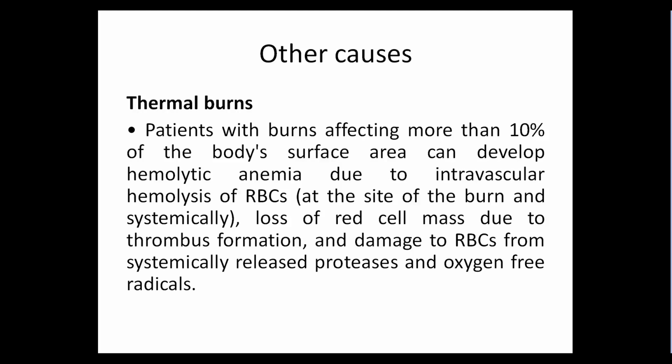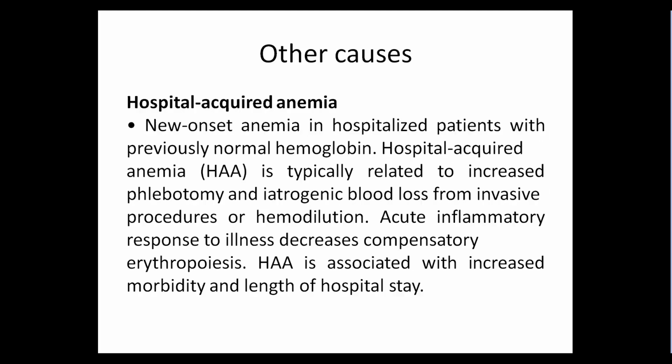Thermal burns. Patients with burns affecting more than 10% of the body surface area can develop hemolytic anemia due to intravascular hemolysis of red blood cells, loss of red cell mass due to thrombus formation, and damage to red blood cells from systemically released proteases and oxygen free radicals. Hospital-acquired anemia.